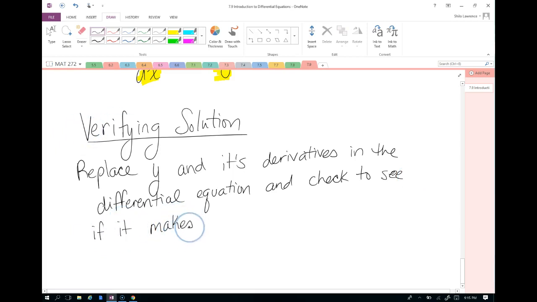Now, the only time an equation is true is if you get the exact same expression or exact same value on the right-hand side and the left-hand side.